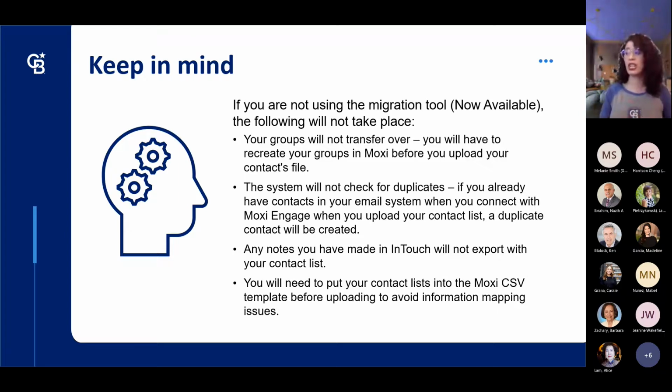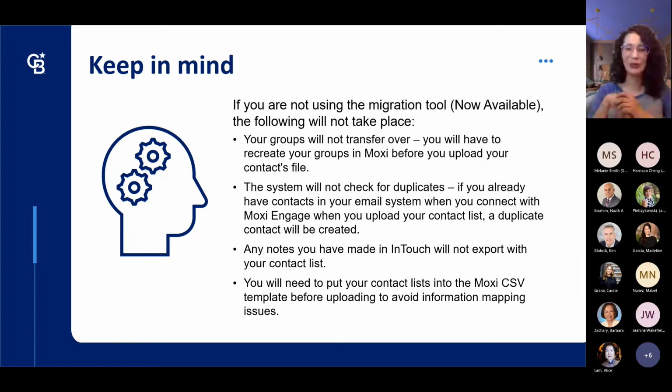You will need to put your contact list in Moxie as a CSV file template before uploading them. So if you're going to do this manually, you will have to make sure that the headers of the Excel sheet match exactly the headers of Moxie. InTouch and Moxie, they love those headers to be very, very specific.